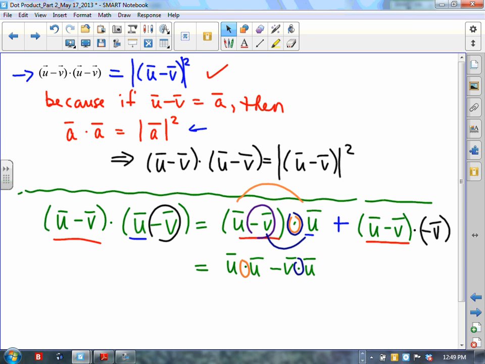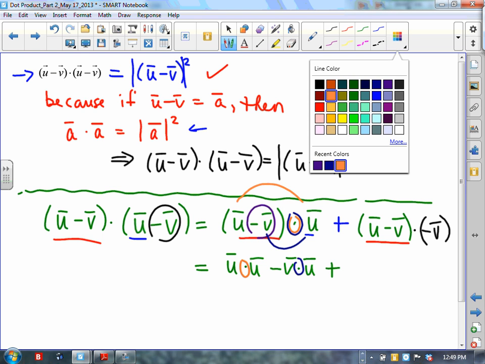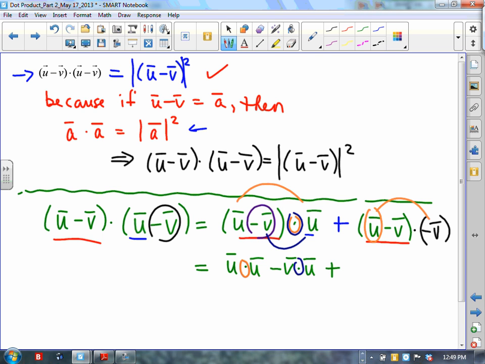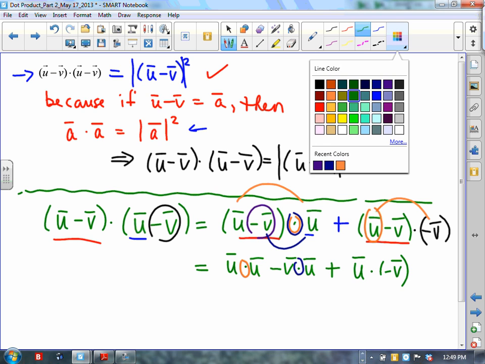To that, we're going to add on. Okay, same thing. Let's do some distributing here. Let's start with the first one. So it's going to be u over minus v. So we're going to have u dot minus v. And then last but not least, what you're going to notice is the following.